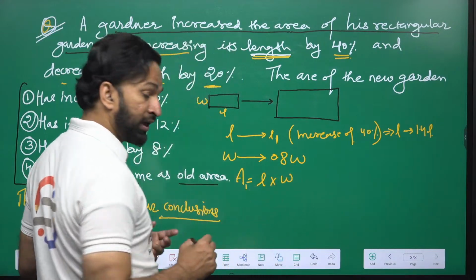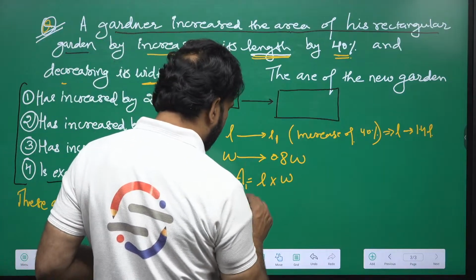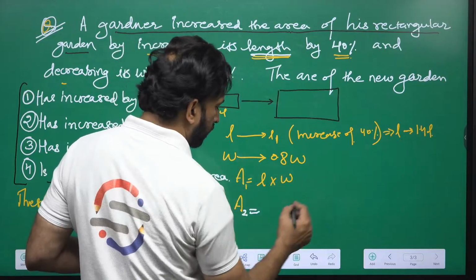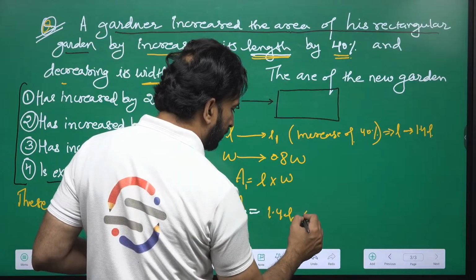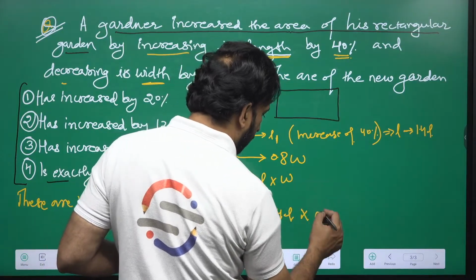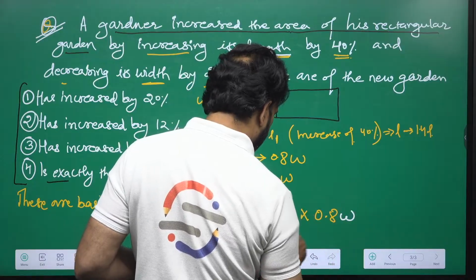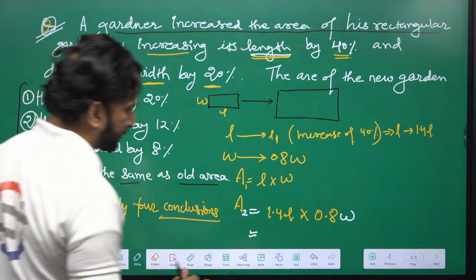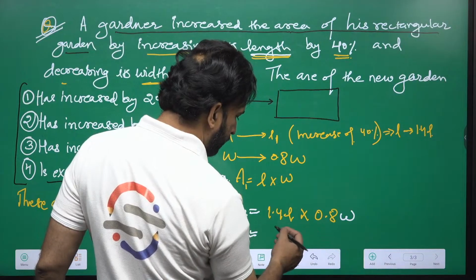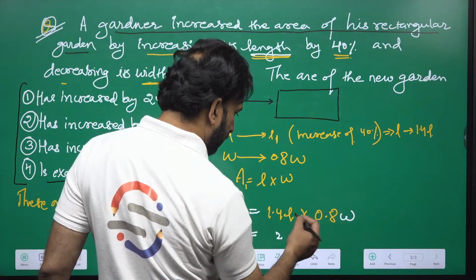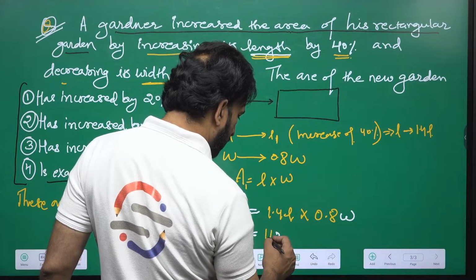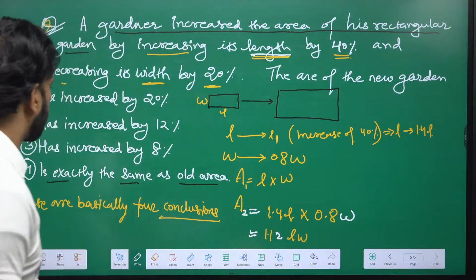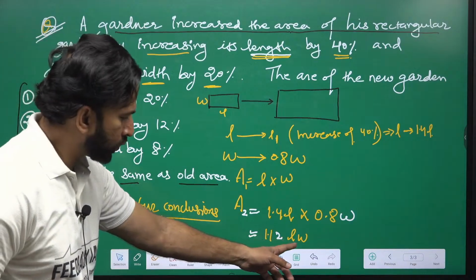So the area of a rectangle, we know, is length into width. This is area 1, initial. Now the area after changing the dimensions is A2, that is 1.4 L multiplied by 0.8 W. That comes out to be 1.12 LW, right? 1.12 LW.